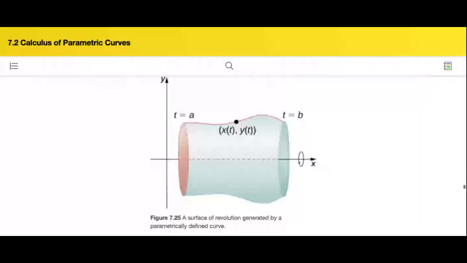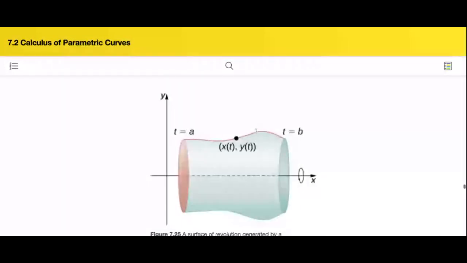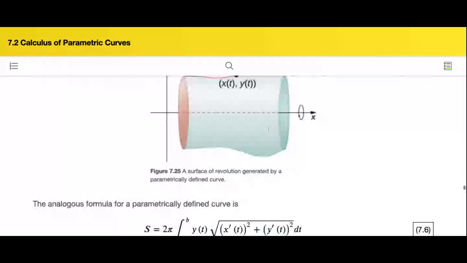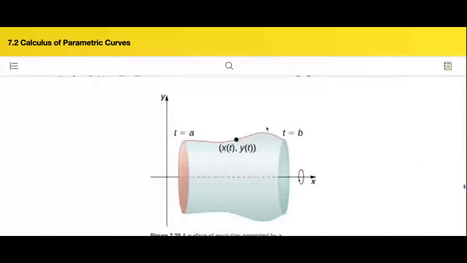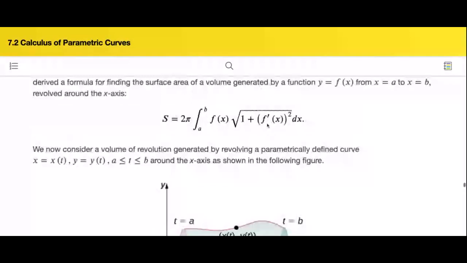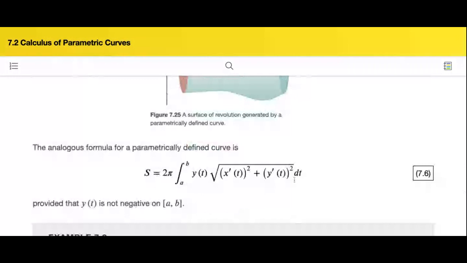So those two equations are exactly the same. Just consider f prime of x as dy over dx, then consider dx as dx over dt, then you can do the calculation and you get exactly this one.